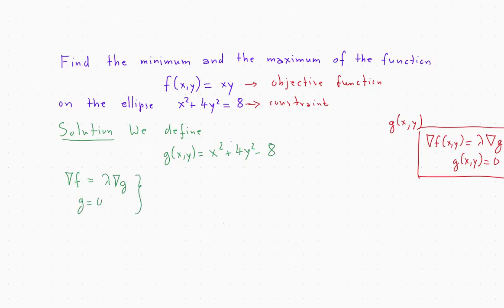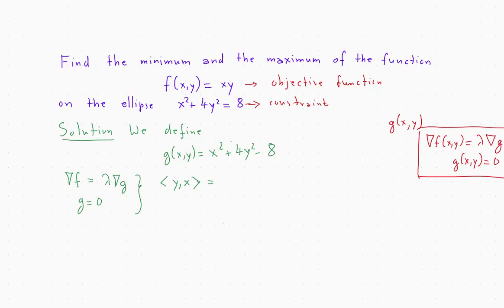So first of all, the gradient of f is y comma x, y being the partial derivative of xy with respect to x, and x being the partial derivative of xy with respect to y, equal to lambda times 2x, 8y.